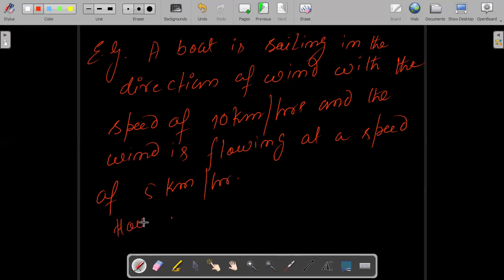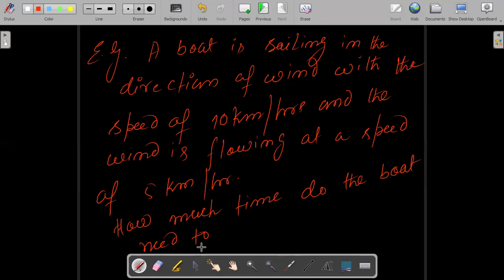How much time does the boat need to travel 30 kilometers? Is the question clear to you?